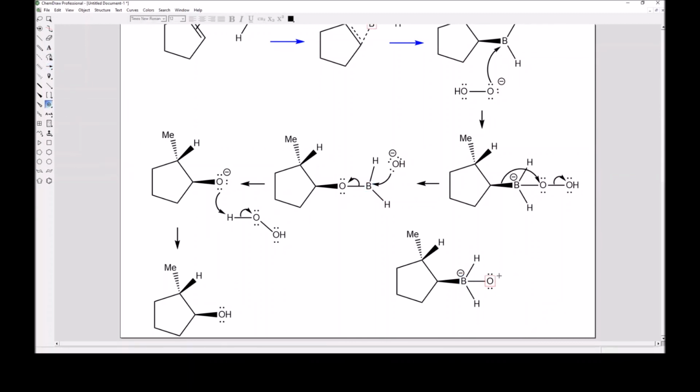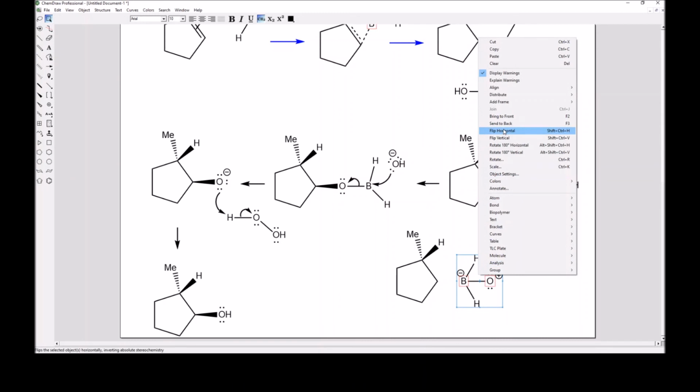Now, it doesn't actually happen stepwise like this, but this oxygen right here has just all kinds of problems. And so what this oxygen does is it reaches over and grabs that bond. It essentially disconnects this bond from the boron entirely. I'm going to give that boron just a B. And then flips itself around.